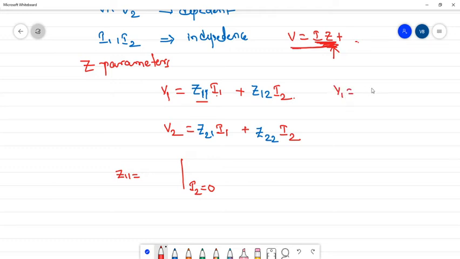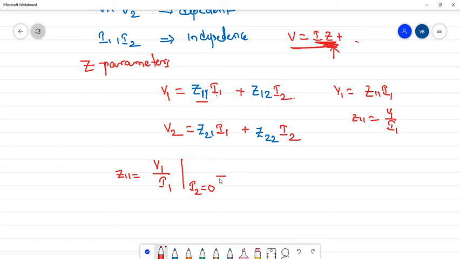V1 is equals to Z11 I1, then Z11 is equals to V1 by I1. So Z11 is equals to V1 by I1 when I2 equals to 0.